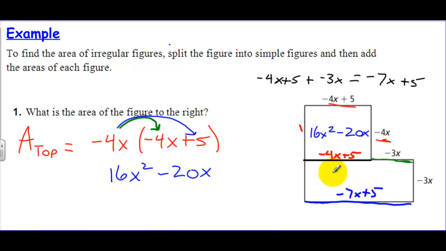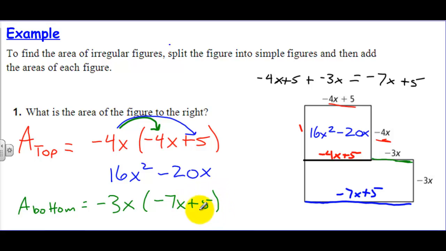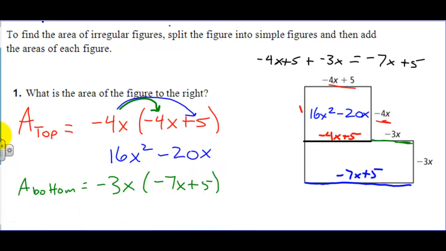So to find the area of the bottom section, which I'll call A bottom, we're going to multiply together this negative 3x width, which I'm going to write as the monomial first, that's pretty standard, with negative 7x plus 5. Again, I have a distributive property to do.